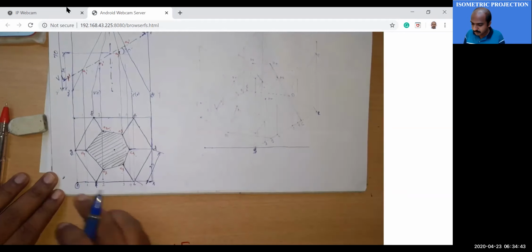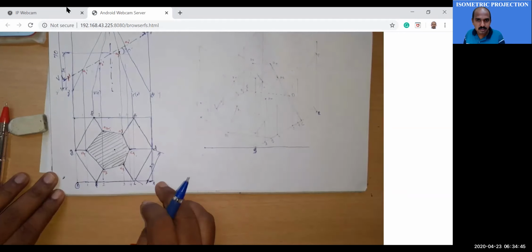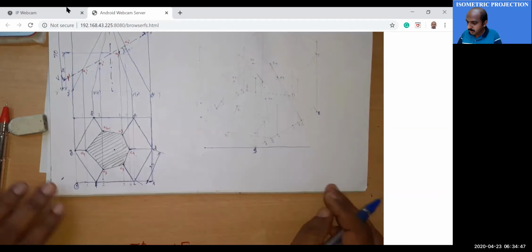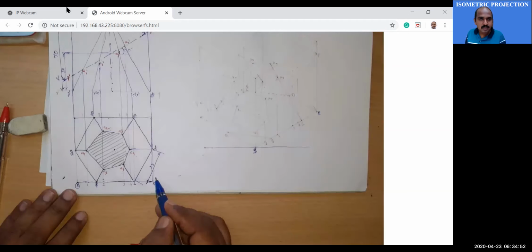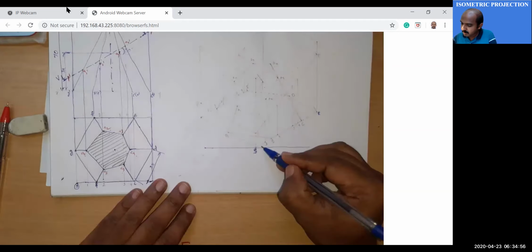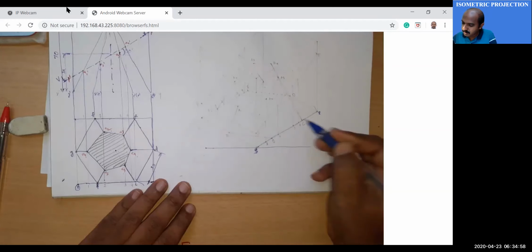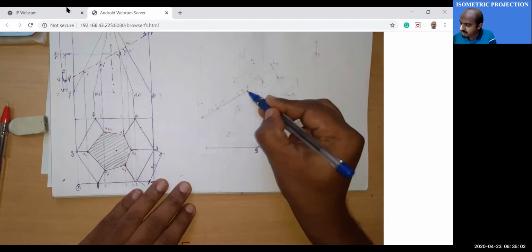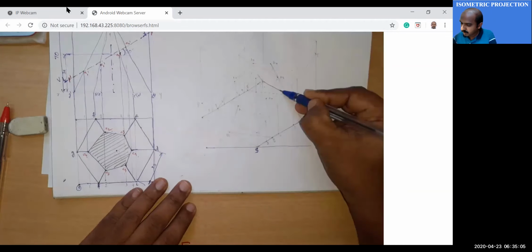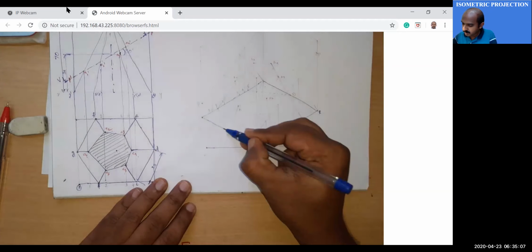This is capital R. Measure this distance, this is 30 degree inclined. Now you can complete the isometric view of this rectangle.